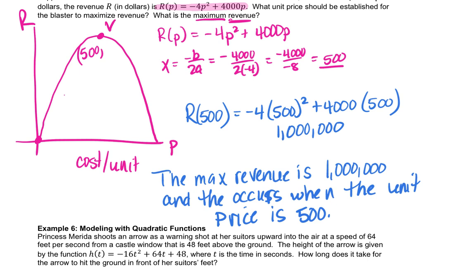So whatever you're selling for 500, you're gonna make $1,000,000 with that formula.